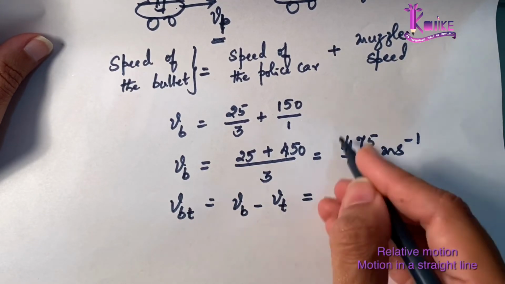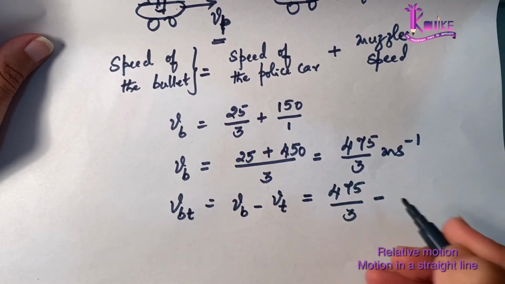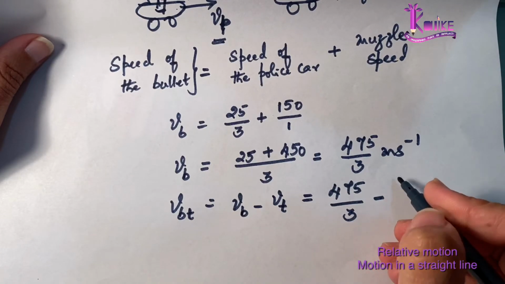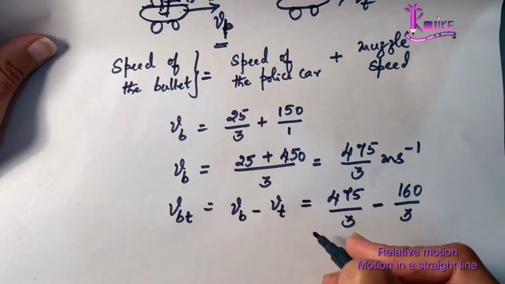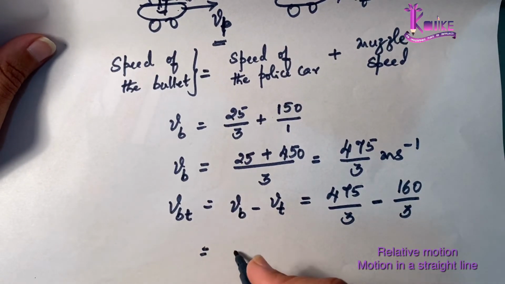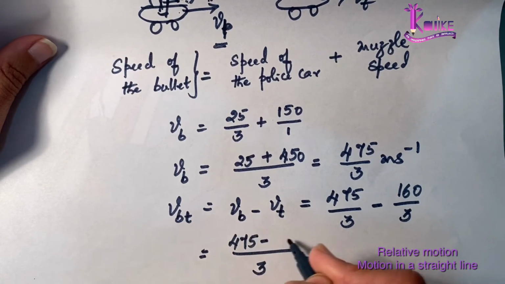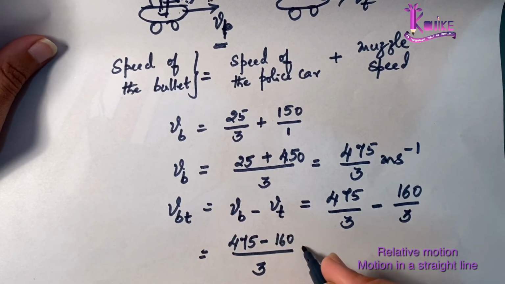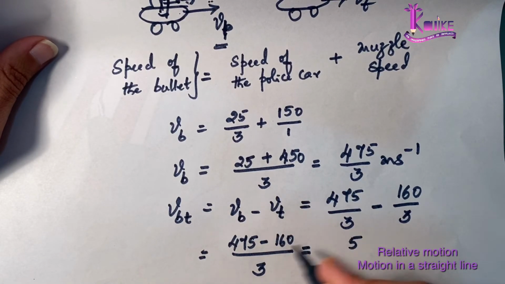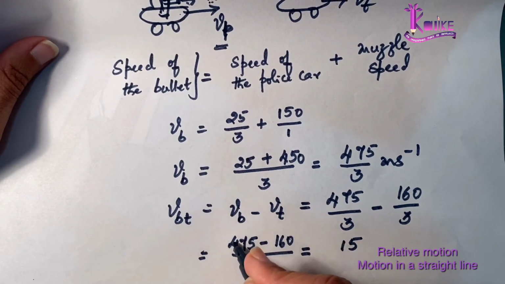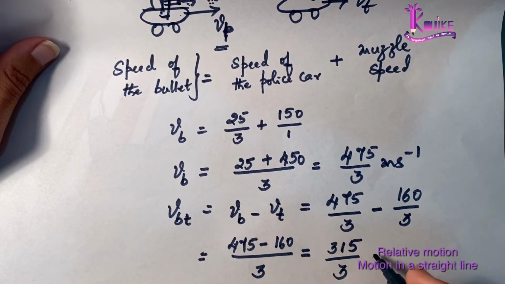Vb is 475 by 3. Vt is 160 divided by 3. So you take the LCM, it will be 3. So this is 475 minus 160, which is nothing but 5 minus 0 is 5. 7 minus 6 is 1. 4 minus 1 is 3. So 315 by 3.